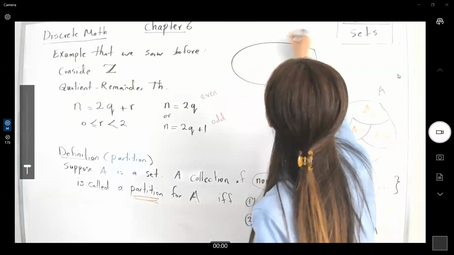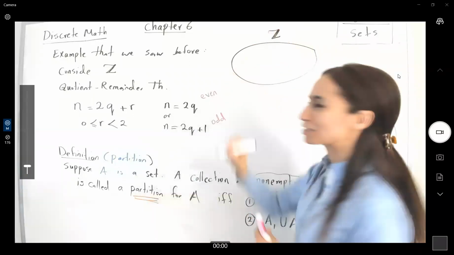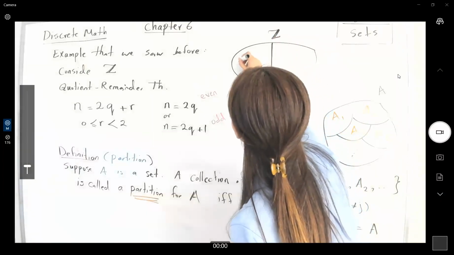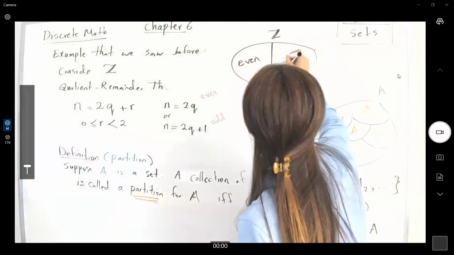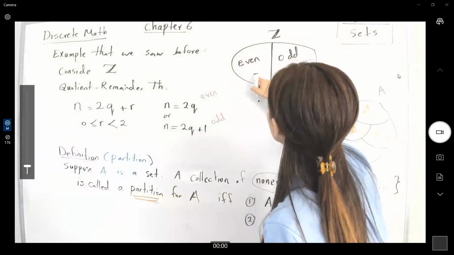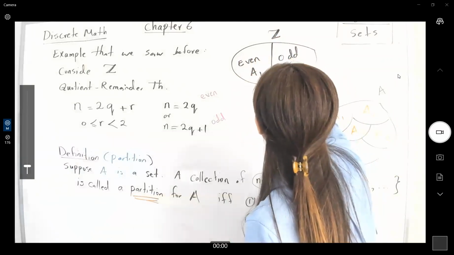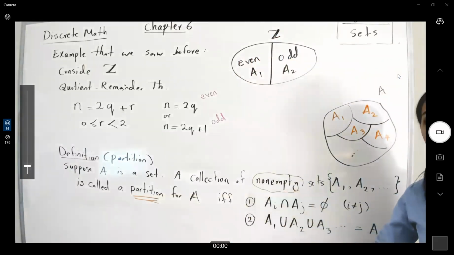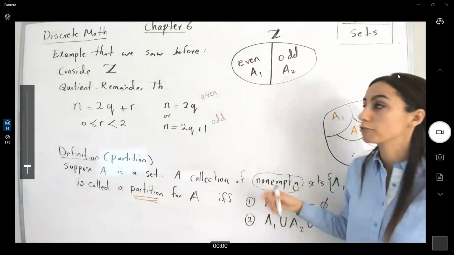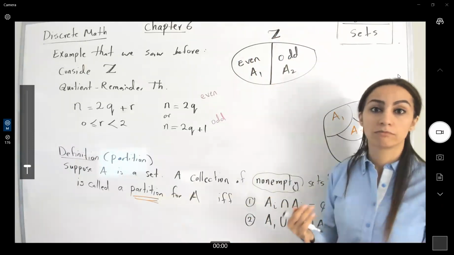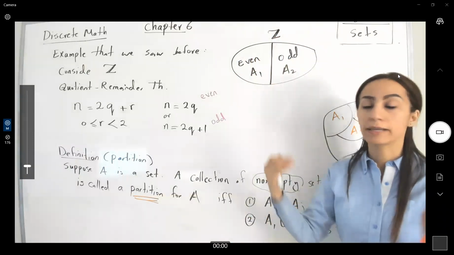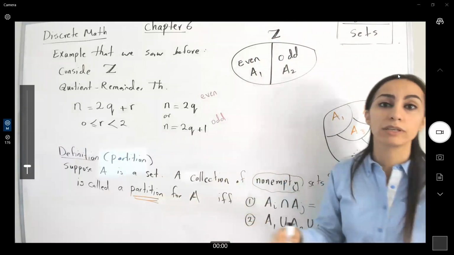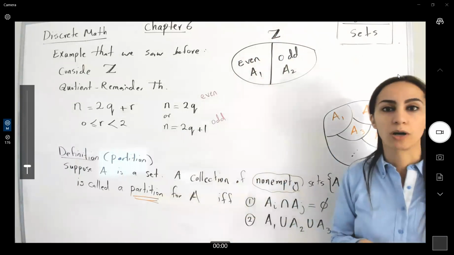So this is your Z. We have a partition for Z. This partition says you have even numbers and odd numbers, set A sub 1 and set A sub 2. You can verify these conditions. They are non-empty, of course. Even numbers: 2, 0, -2. Odd numbers: 1, -1, 3, -3, and so on.